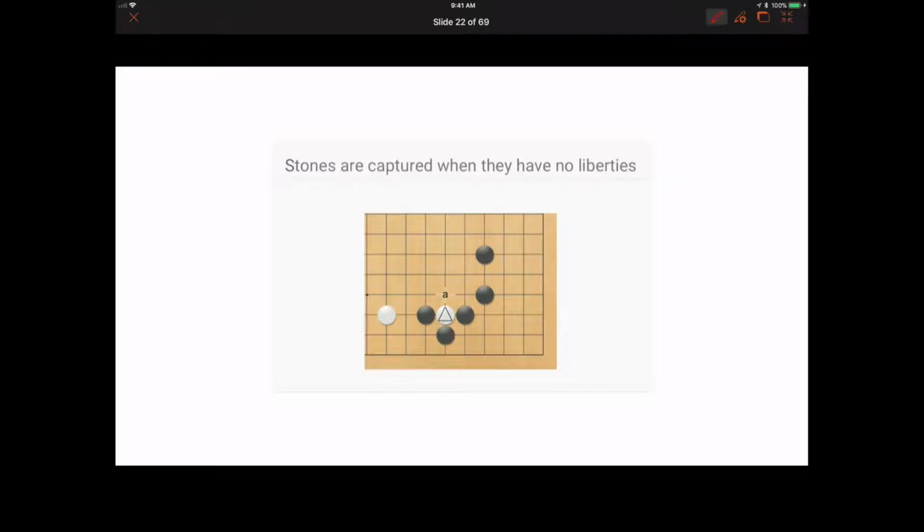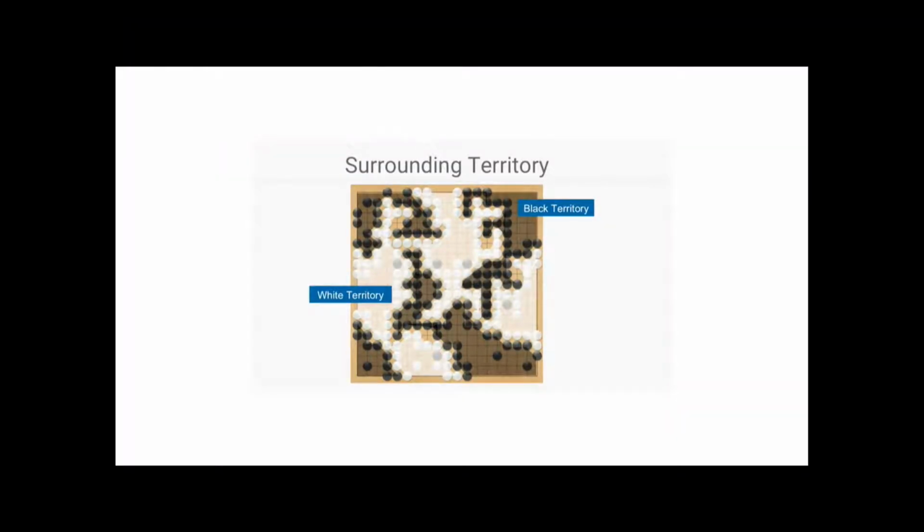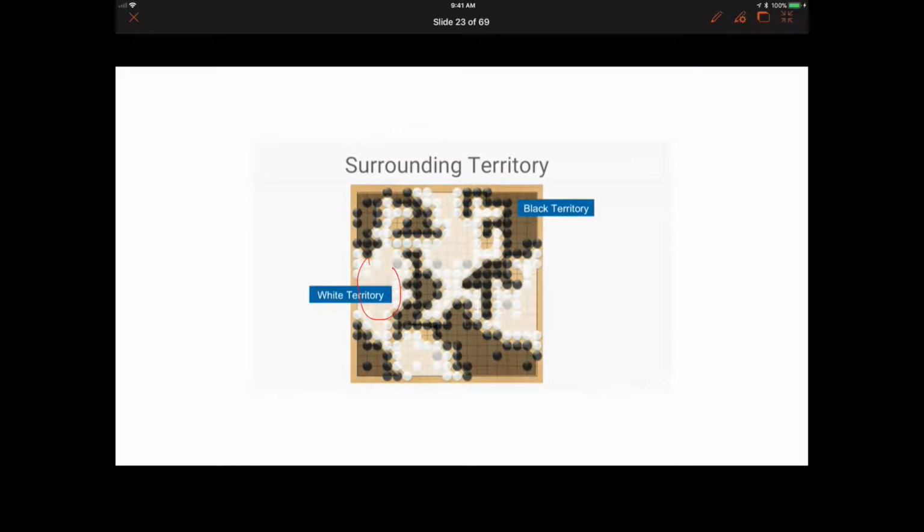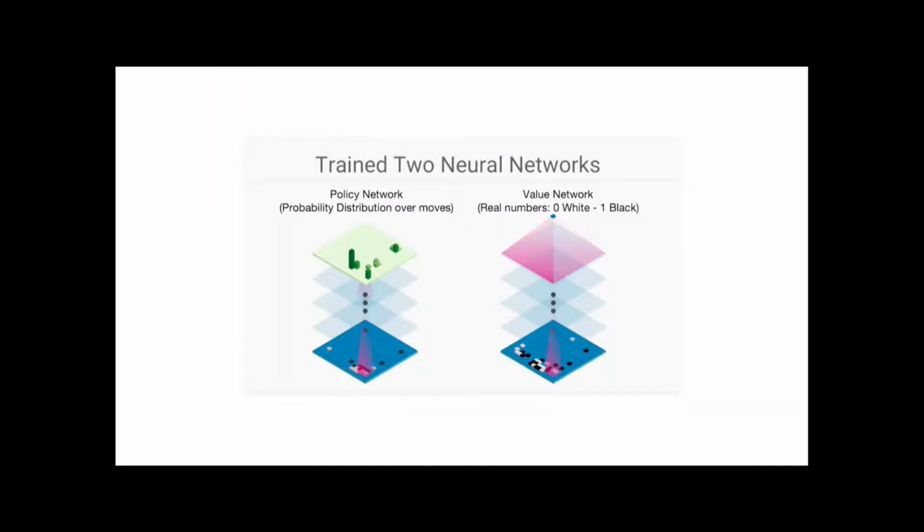So here is a rule of, again, you capture the stone by putting your piece here, and you can take the white stone out. This is a score of 1. And here you have the white territory, and the black territory is marked out, and you count the squares, which is your final score at the end of the game.